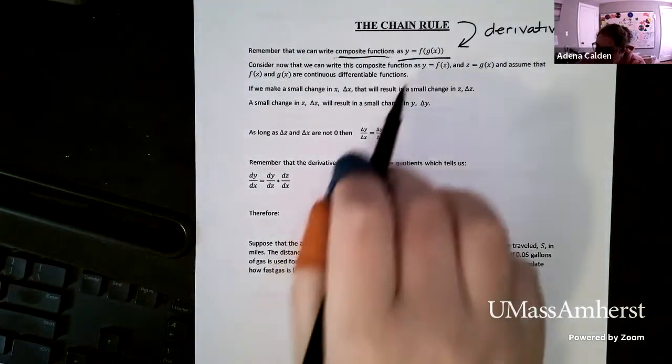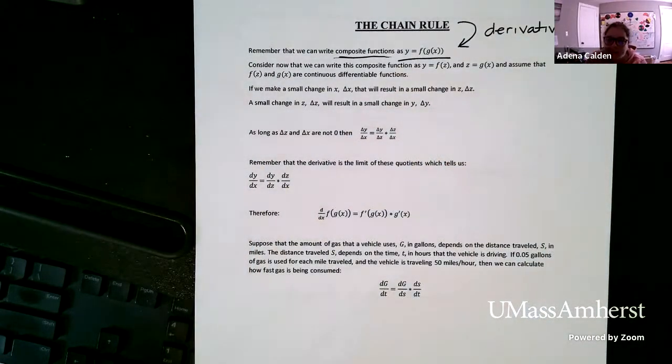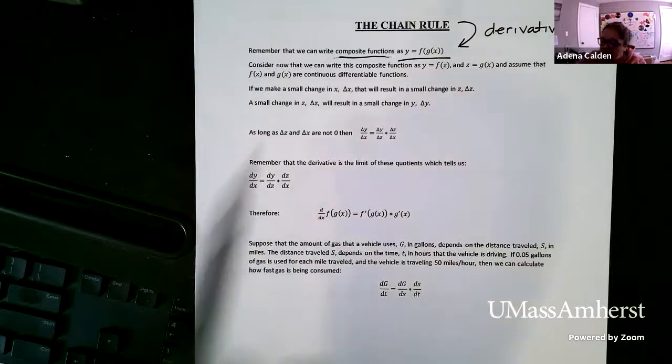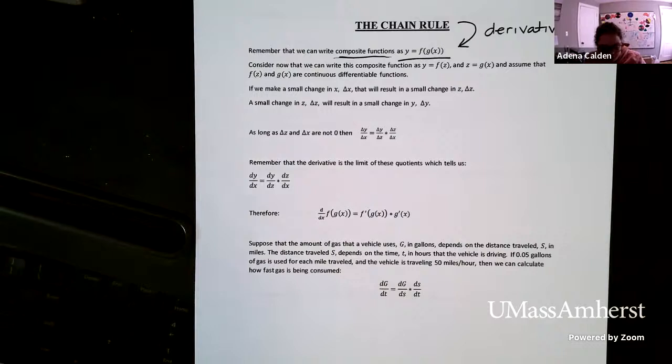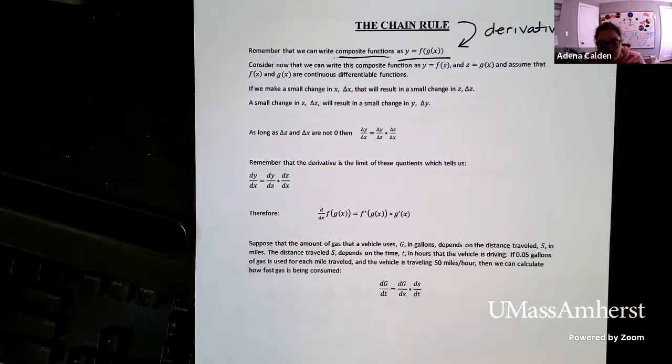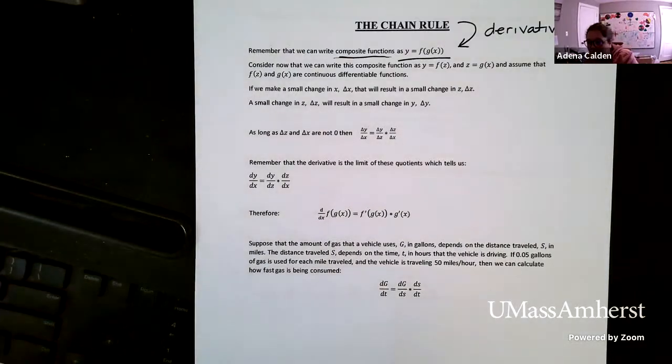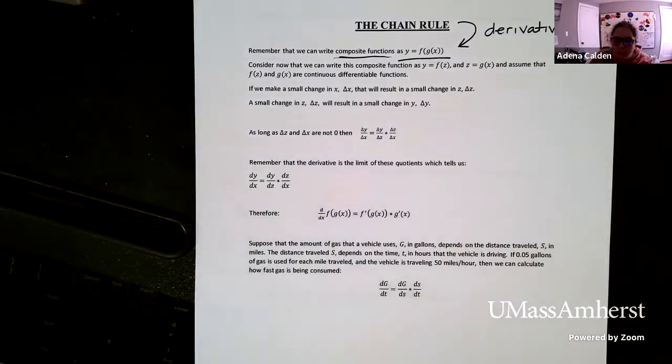If we have a composite function and we want to take the derivative of that function, that's when we have the chain rule. The reason I'm being specific about this is because after we do the chain rule, we're going to use the rules for when two things are multiplied together or when two things are divided.